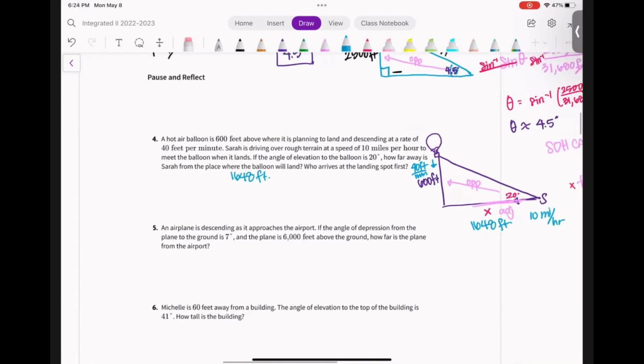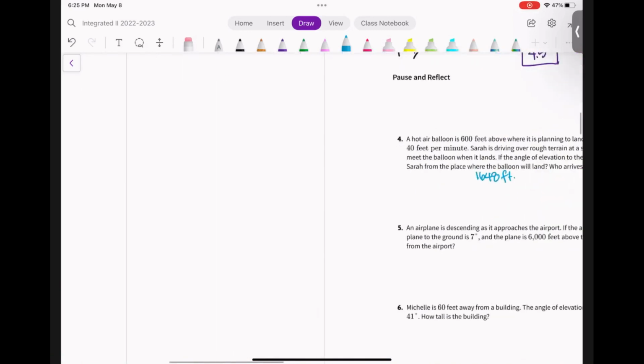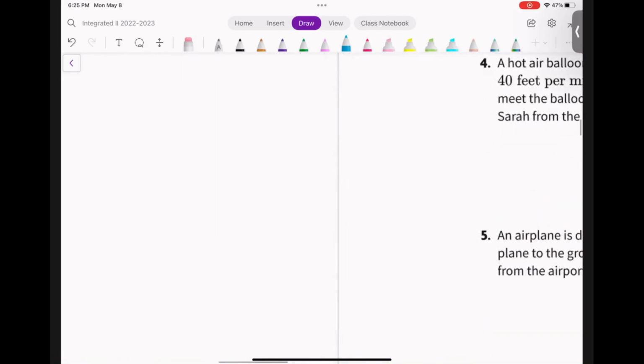And I'd rather deal with big numbers. So I need to convert 10 miles per hour to feet per minute. Whenever I'm doing conversions, and this is sometimes called dimensional analysis, I go like this. 10 miles per hour. Miles is on the top, hours is on the bottom. I'm going to multiply this by something.